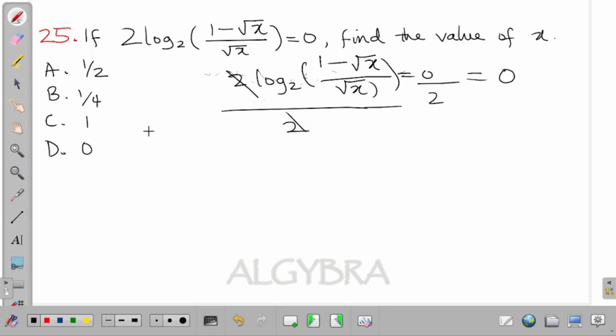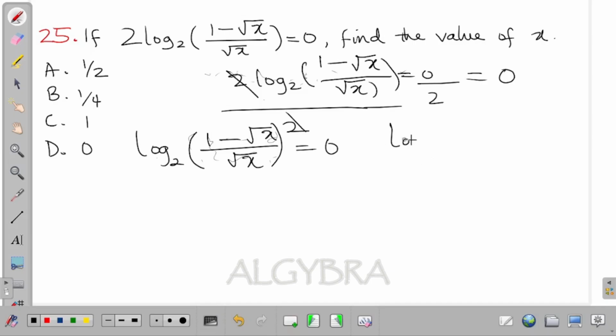So we actually imply that log to base 2 of (1 minus square root of x) all over square root of x is equal to 0. Now we know from relationships that if log a to base b is equal to c, then this implies that a in index form is equal to b to the power of c.